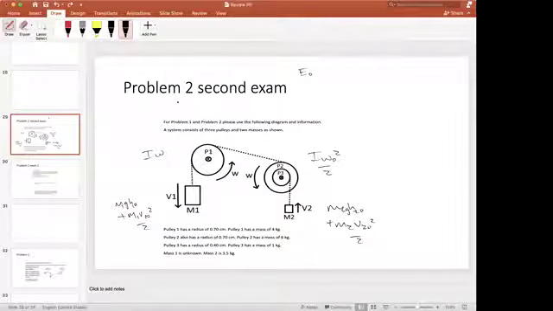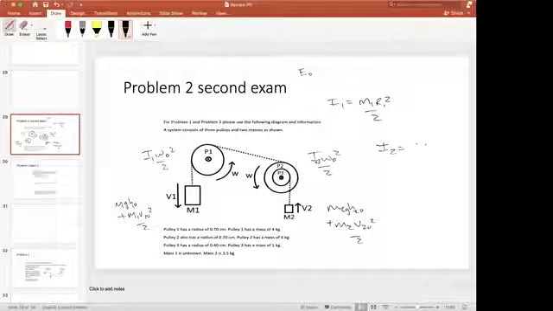I1 is just M1 R1 squared over 2. And I23 is M2 R2 squared over 2 plus M3 R3 squared over 2.